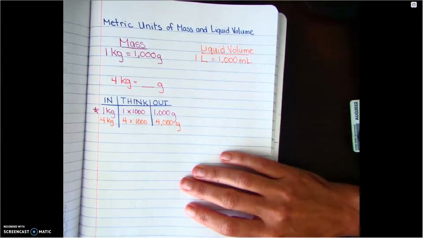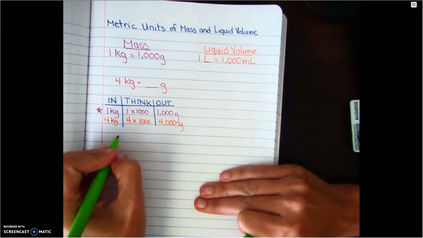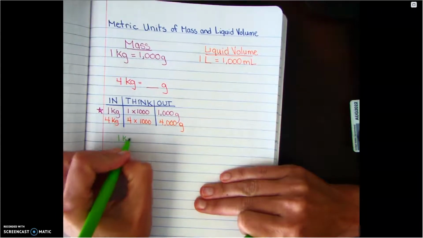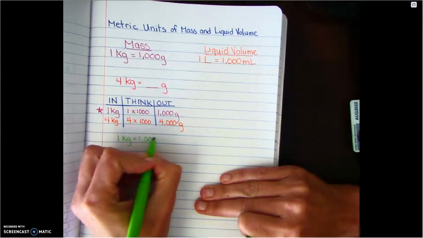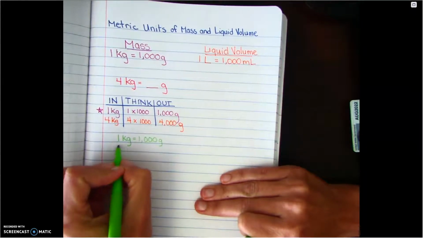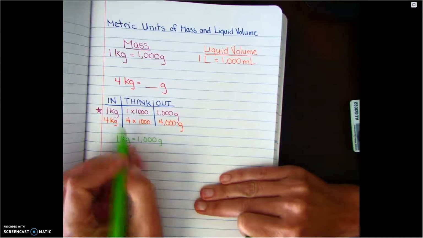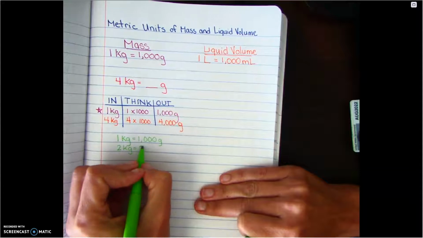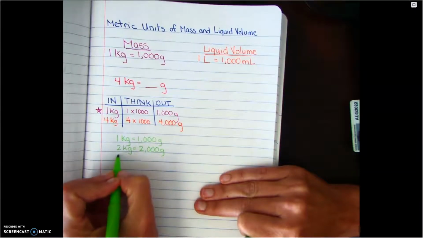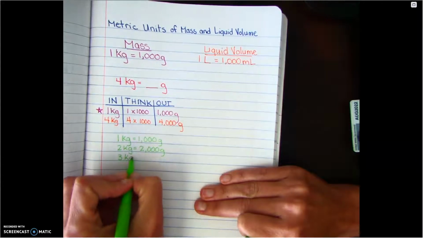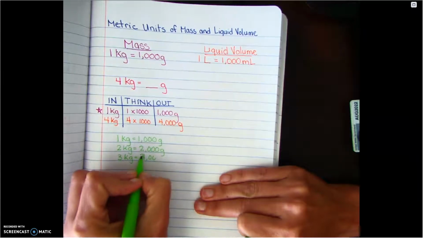All right, so continuing on with this, I'm going to start to draw my chart now. I want you to see the pattern. So, for example, if we start with 1 kilogram, we know that's 1,000 grams. That means if we have 2 kilograms, that means it's 2 times 1,000. That means we have 2,000 grams. If we have 3 kilograms, that's 3,000 grams.